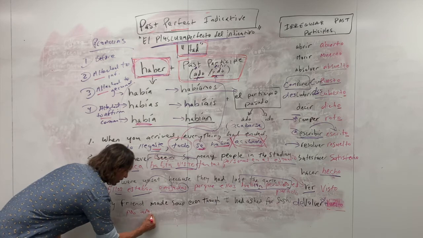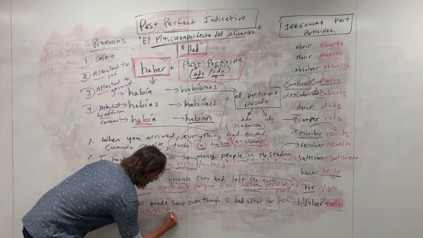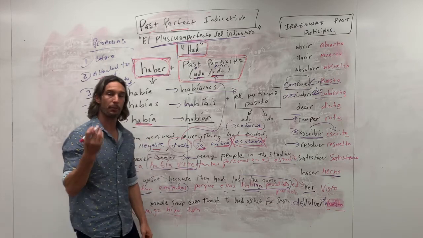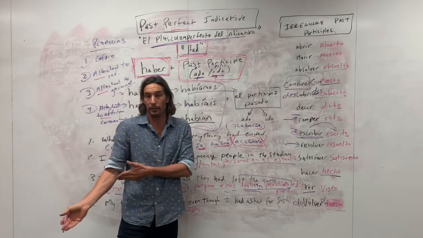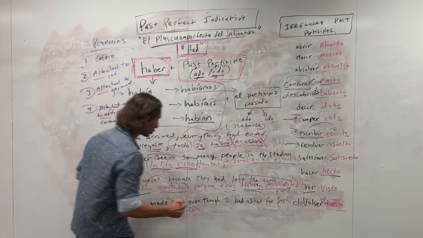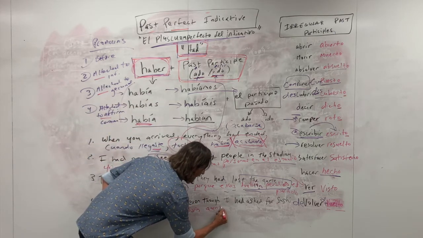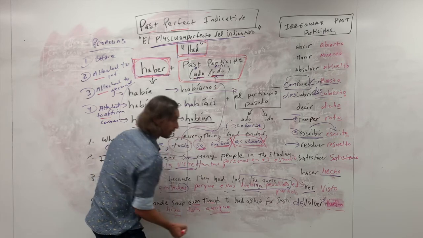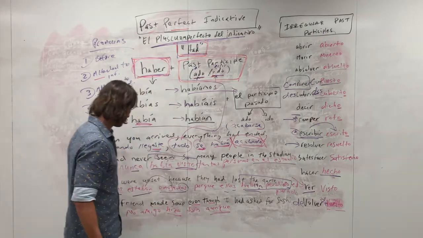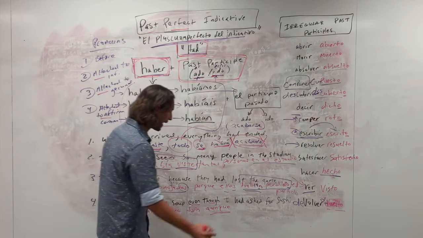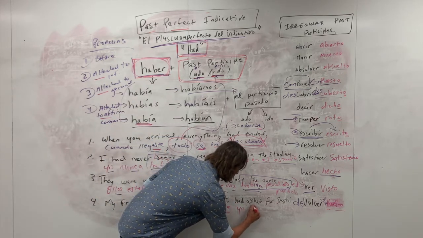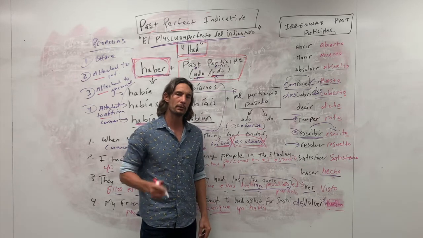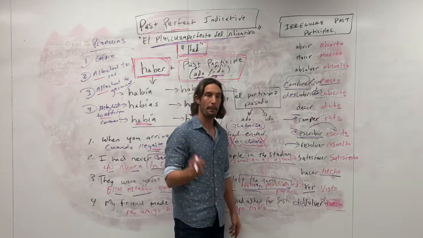Mi amigo hizo sopa, right? Hizo is the use of the preterite for hacer. It's an irregular verb in the preterite. Mi amigo hizo sopa, aunque, that means even though. Notice this is two words in English, but in Spanish it's one. Just thought I'd throw that out there. Mi amigo hizo sopa, aunque yo había, what's to ask for? You got it.